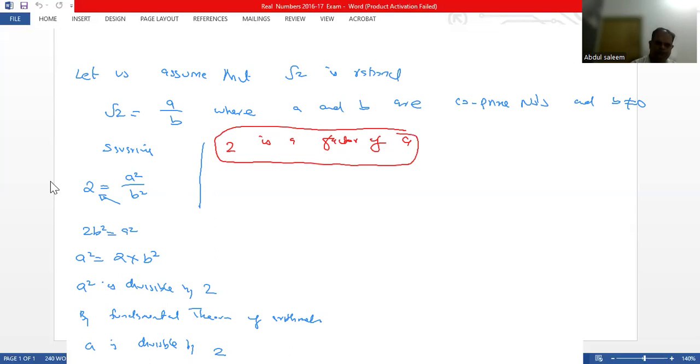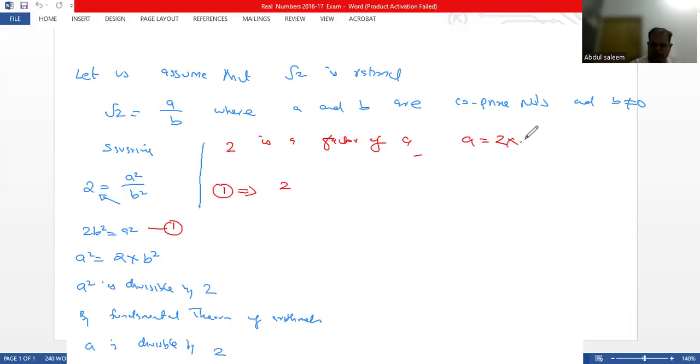Then we have 2b square equals a square. Call this equation number 1. If 2 is a factor of a, definitely we can write a as 2 into some number, a equals 2m. So a square is 2m square.